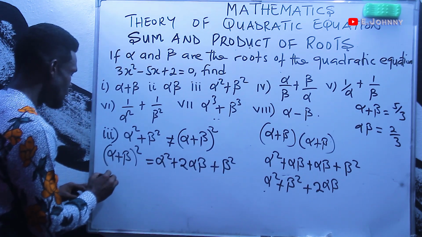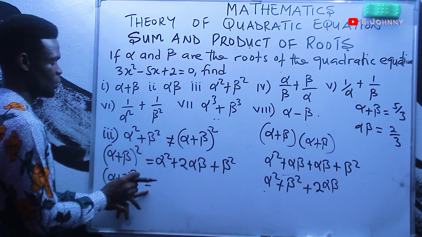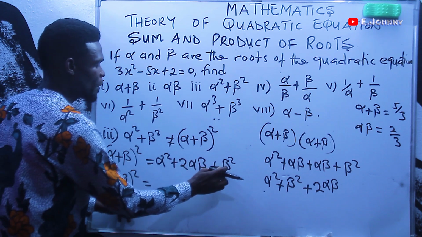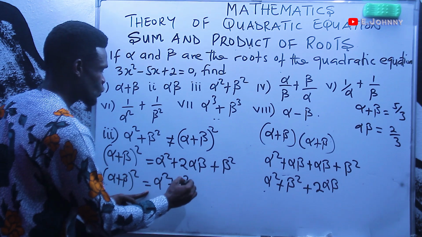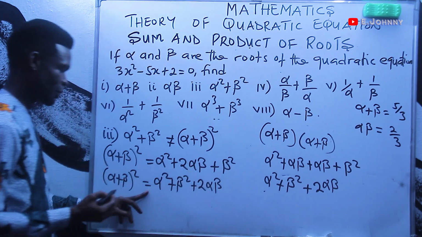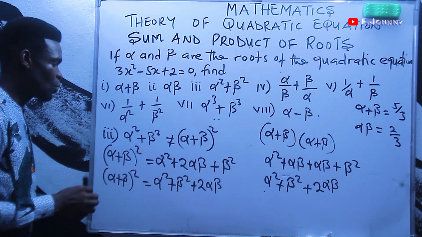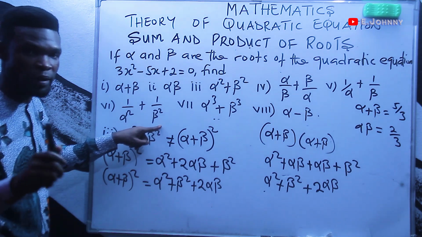Now, that means that alpha plus beta squared is equal to alpha squared and beta squared brought together. So you have alpha squared plus beta squared plus 2 alpha beta. Now, you were looking for alpha squared plus beta squared. You can see it here.